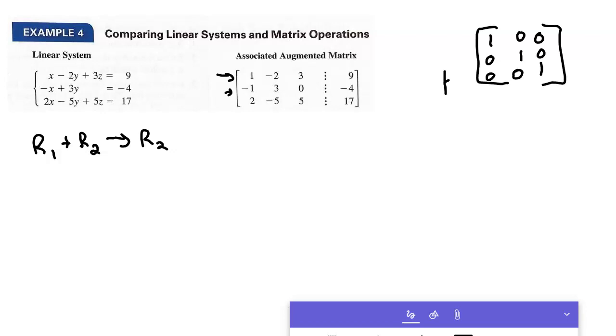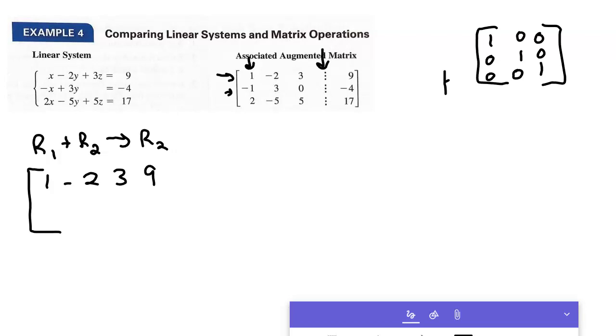We're going to add row 1 and row 2, because if I add 1 and -1 here, I get a 0. I'm going to leave my 1, -2, 3, and 9 alone. In fact, just to save time, I'm going to take these 3 dots out too, because I can keep track of it without them.